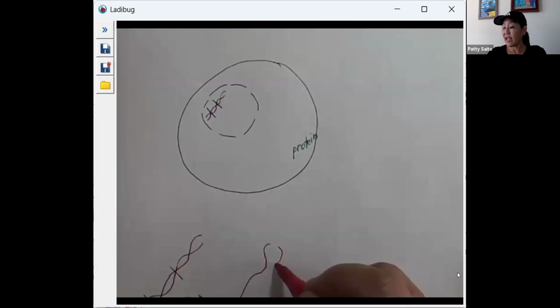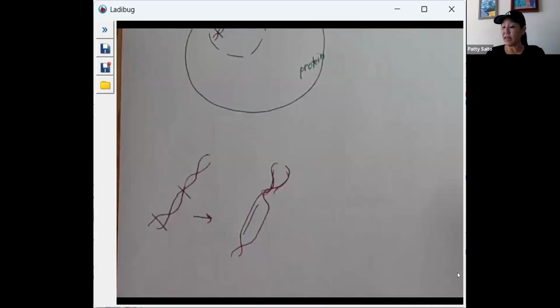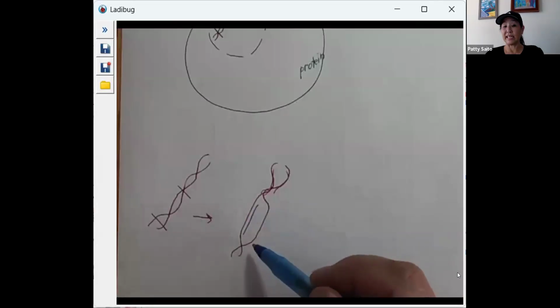Okay. And it unwinds right at that spot. And so from the DNA, we make a copy. So this copy would copy the order of nucleotides, the adenine, thymine, guanine, cytosine.